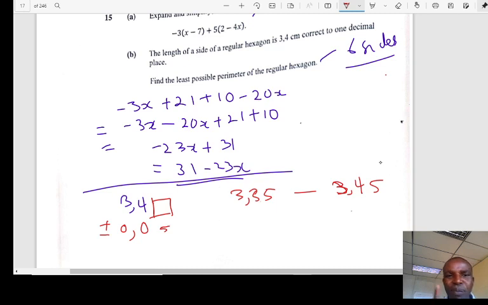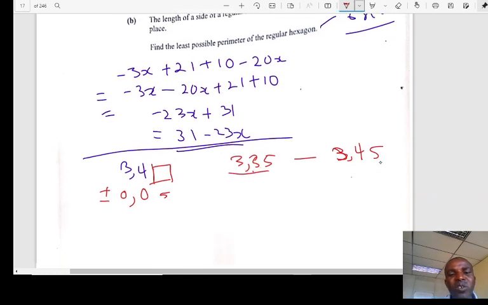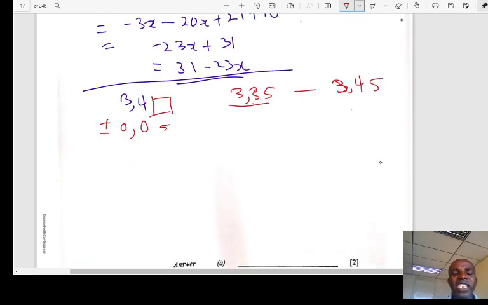Right. Then the least possible perimeter, you take the lowest or the minimum value, 3.35. And this one is a hexagon. So you just say 3.35 times 6. There are 6 sides, you have to add 3.35 6 times. Just multiply by 6.